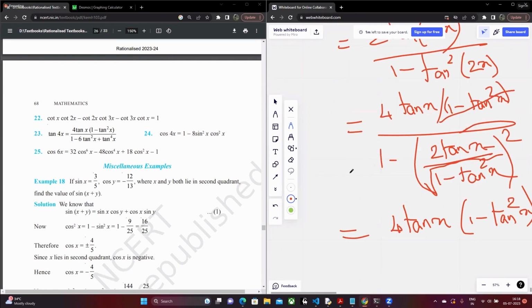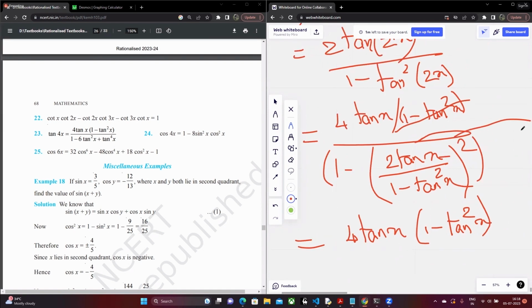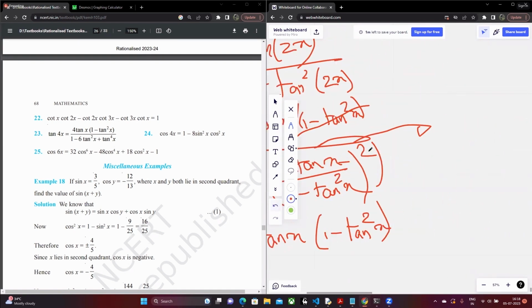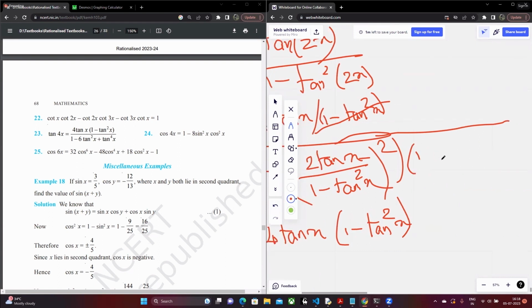Instead of making a root over here, I'll just multiply this by 1 minus tan square x the whole square.